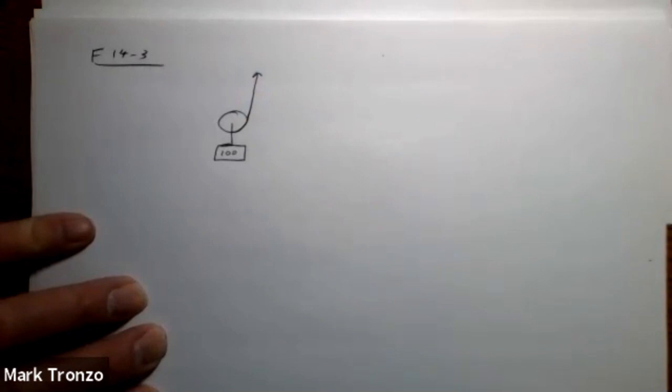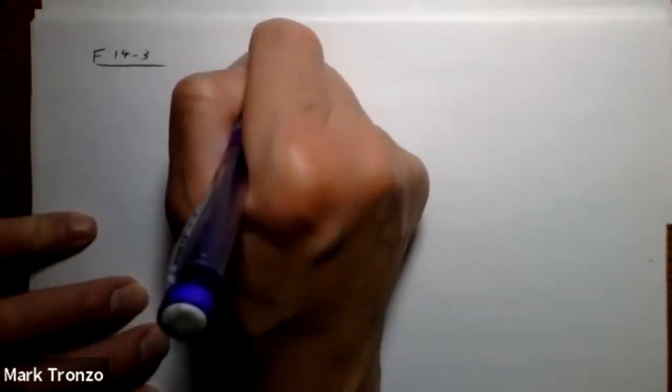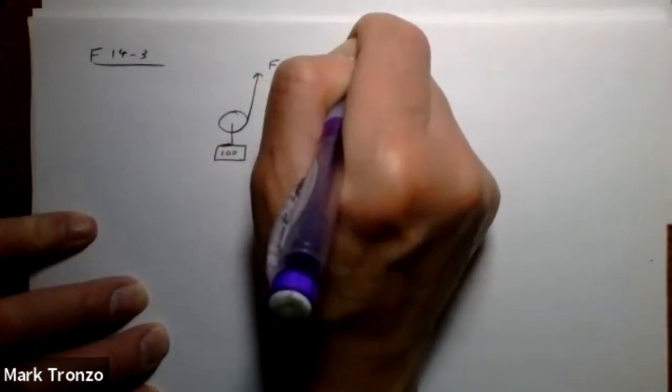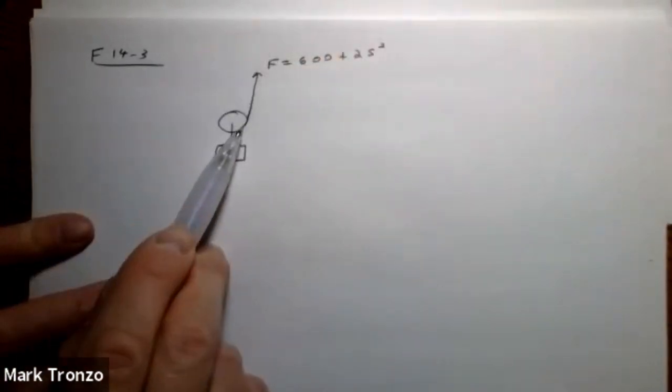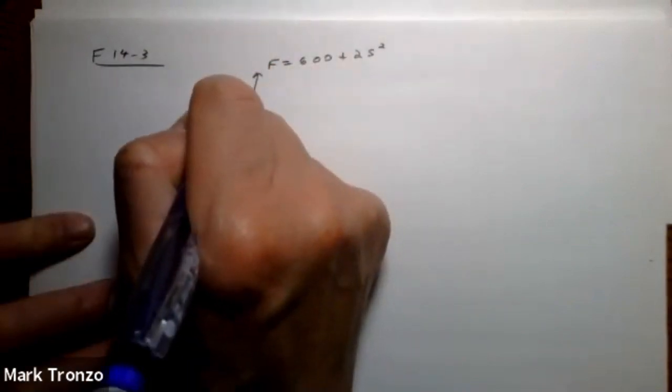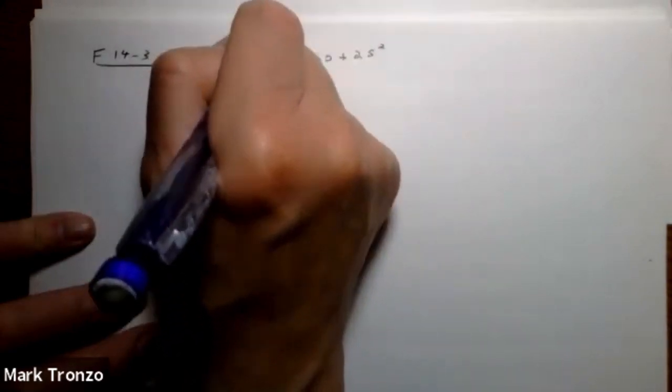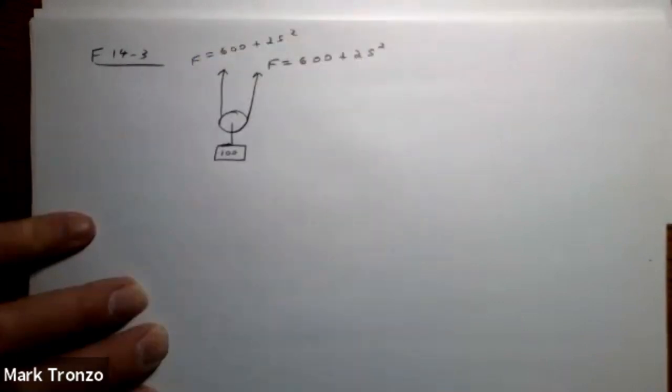And we're told the force is going to be 600 plus 2s squared, that's in newtons. And so, of course, whatever is on this side of the cable has to be the same on the other side. So those are both going to be the same, basically.